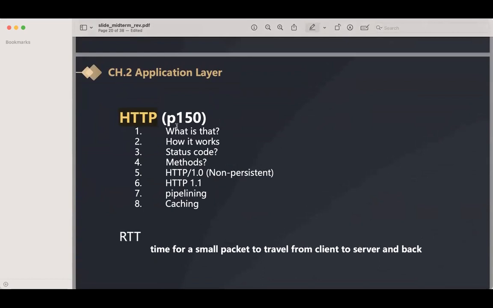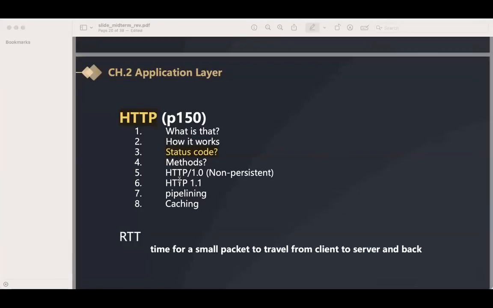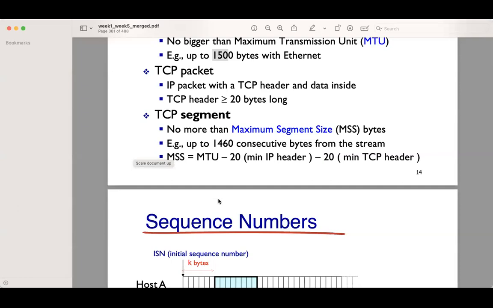So for HTTP, maybe we start from the status code. What is the status code for HTTP? Let me show you the slides. So we go to the status code.